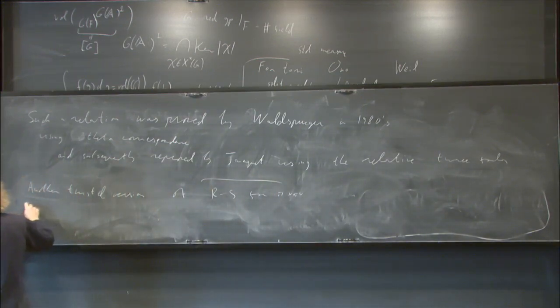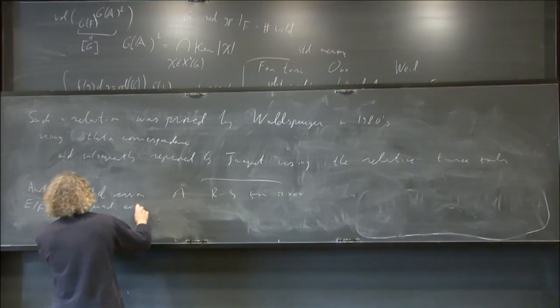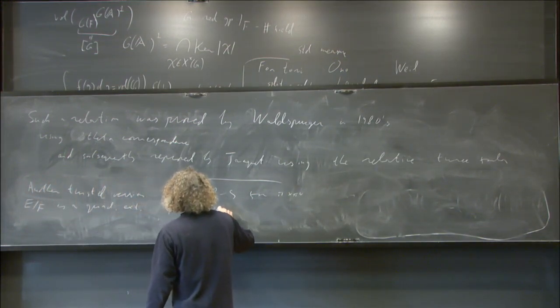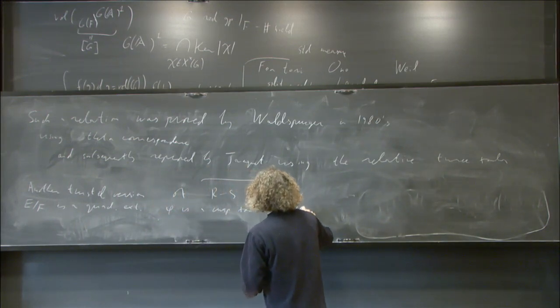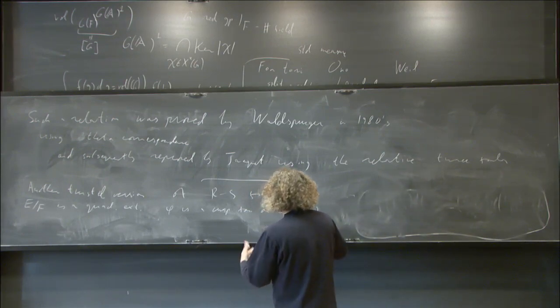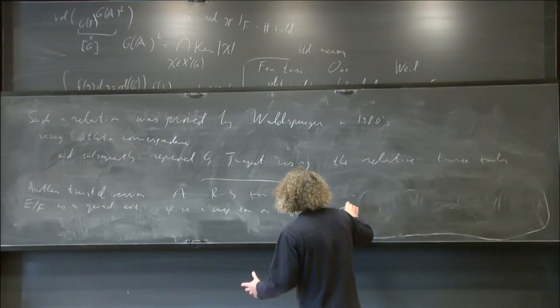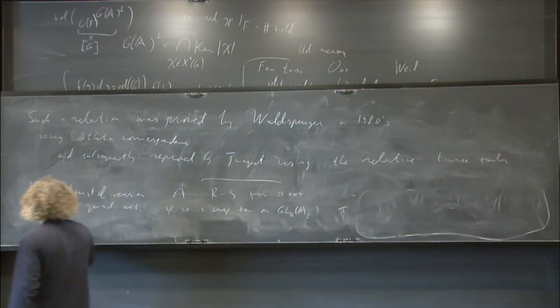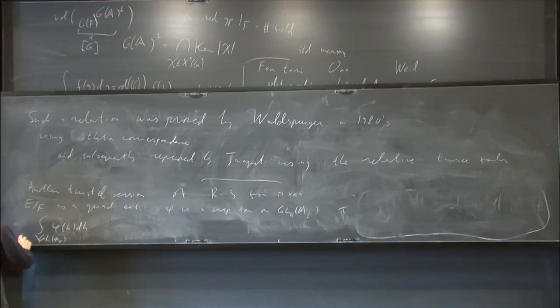If you take, so again, E over F is a quadratic extension. And let's say phi is a cusp form on GLN of E, the F points of the restriction of scalars, if you like. And so again, I have some representation pi here. And I take the integral over GLN of AF mod GLN of F. Okay, so this is the twisted analog of the inner product, right?